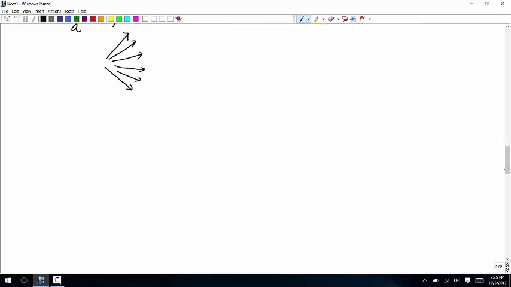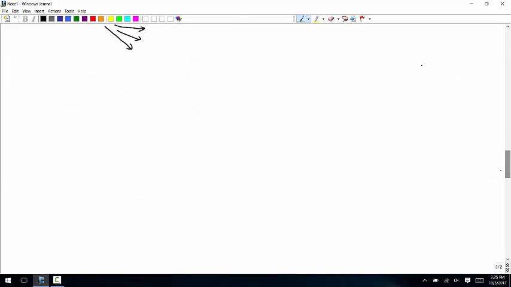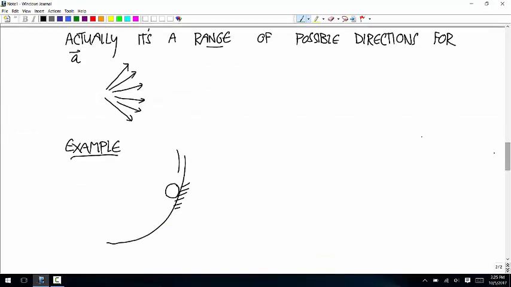Okay, so now let's do another one like that. So now let's say, what did we just do that it's going down? So let's do this one going up the ramp.